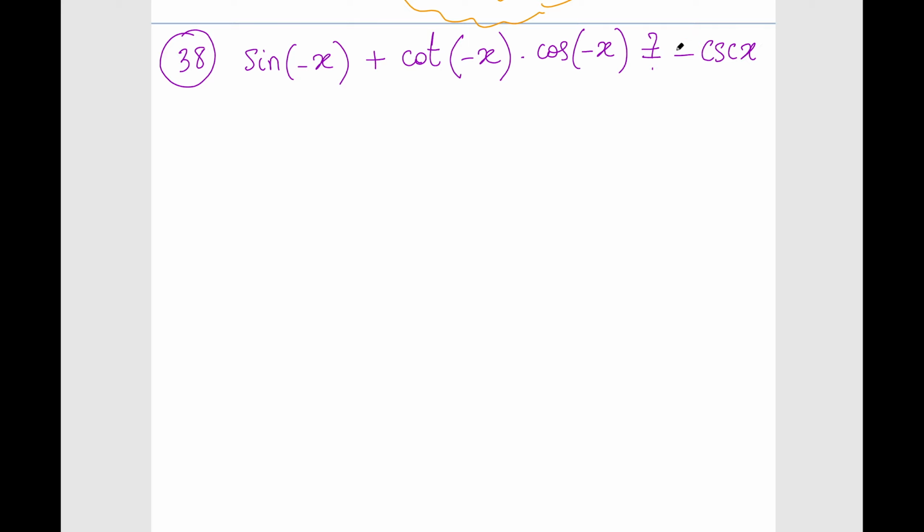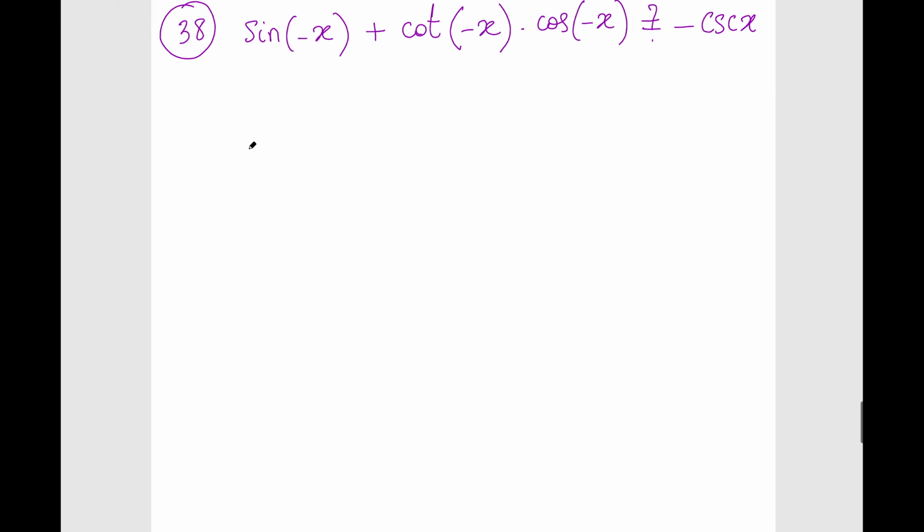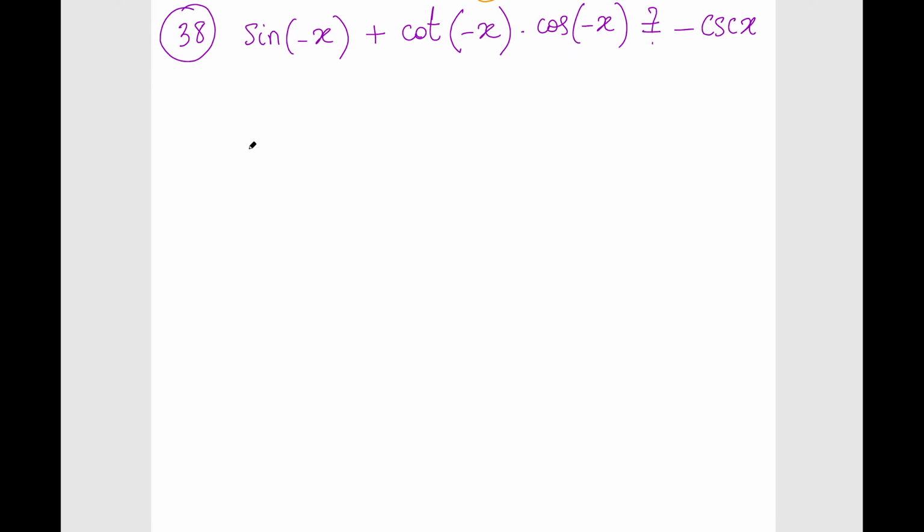This is already a too simplified expression. I don't have enough ingredients to work with, as opposed to here, right? Here I have ingredients that I can see what they mean and start simplifying things. So I'm going to start from the left-hand side and try to show you that this is actually the same as negative cosec of x. Okay. So left-hand side, LHS.